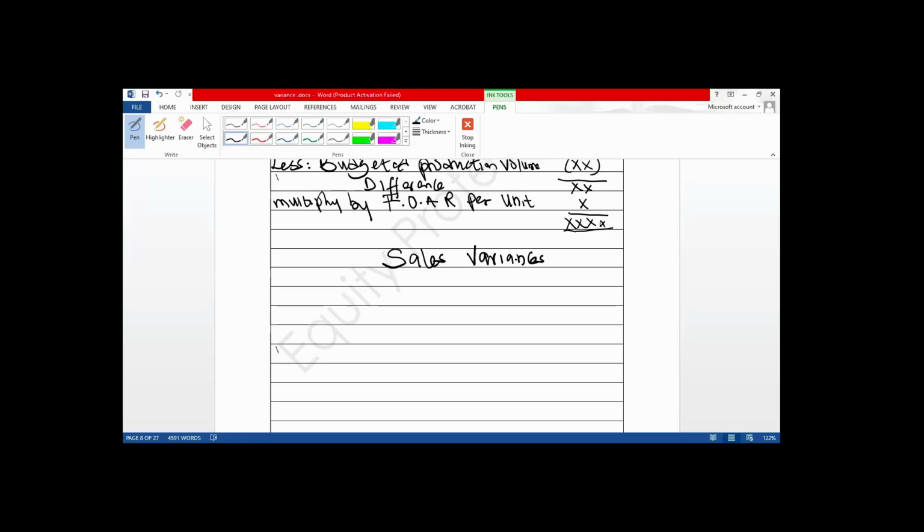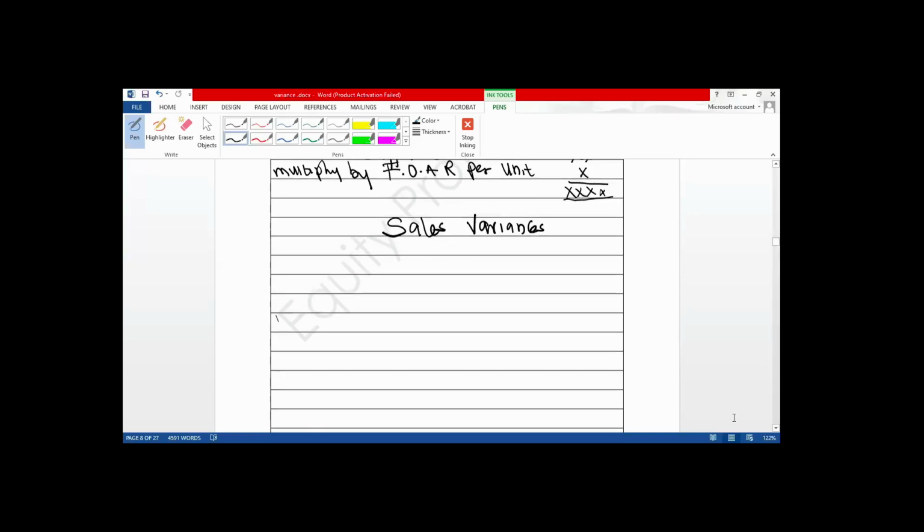Under sales variances, we have two. One, we have sales price variance, where the actual selling price is different from the standard selling price.